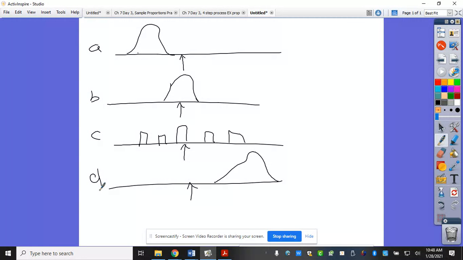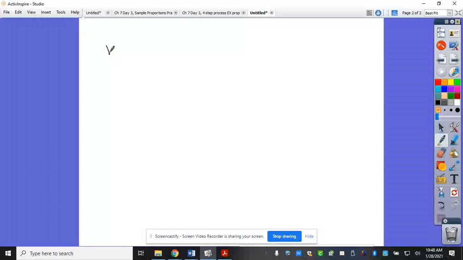If we take a simple random sample of 500 from a population size of 5 million, now we want to compare the variability of that to the variability of a sample size of 500 from a population of 50 million.